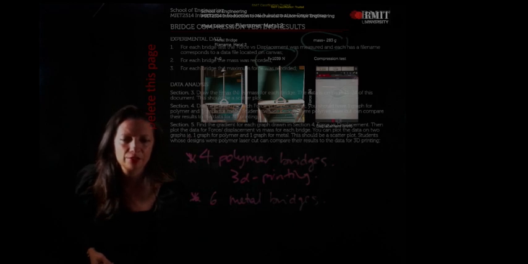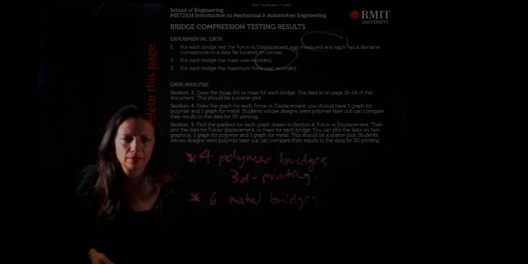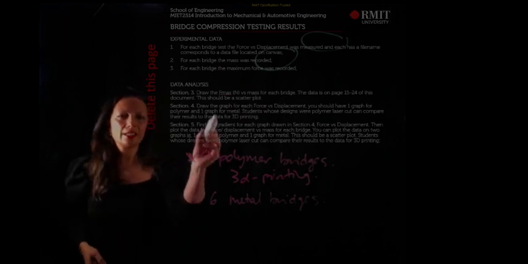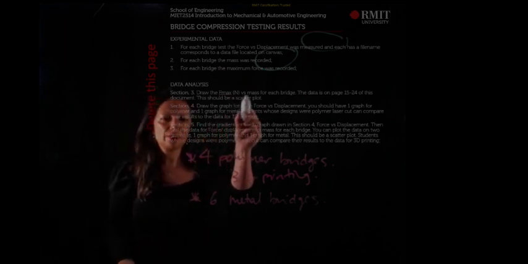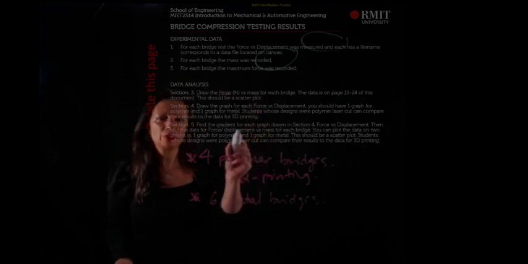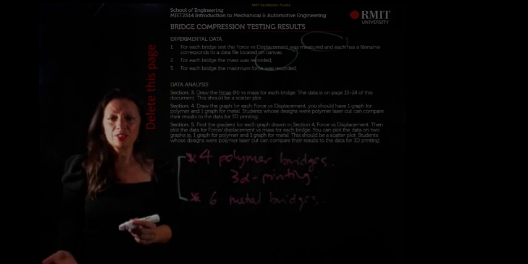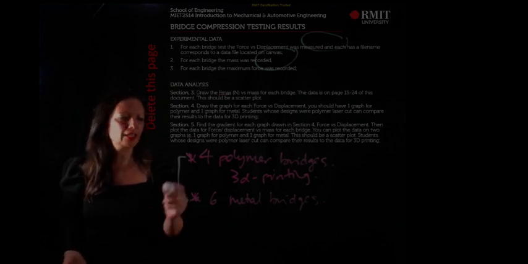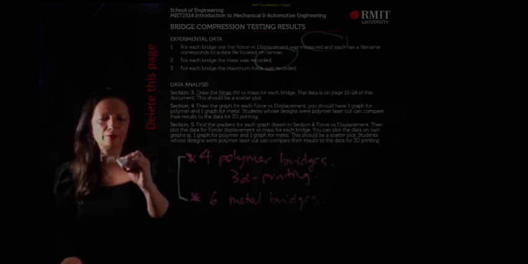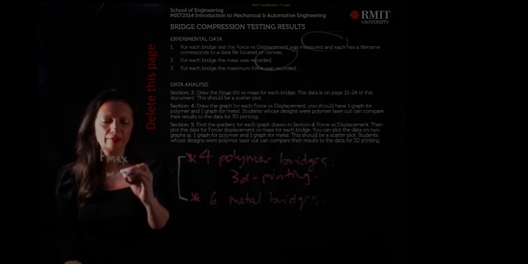The first set of results is to draw the force versus the mass for each bridge. So for each of these data sets, which is at the end of the presentation pack, you will have a maximum force and you will have a mass.